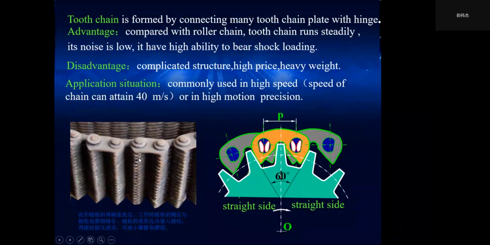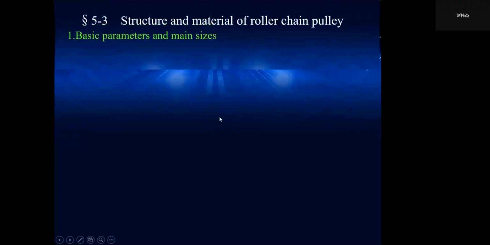The tooth chain is commonly used in high speed, which can attain 40 meters per second, or in high motion precision applications. This is for tooth chain. Our class is based on roller chain.